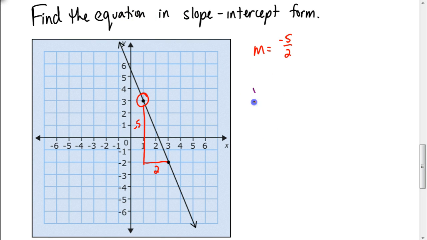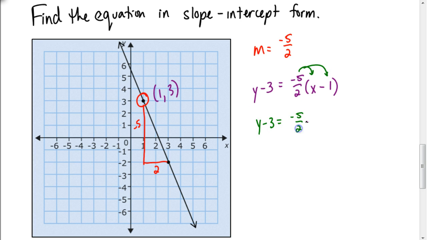So it'll be y minus the y value would be y minus 3 equals my slope of negative 5/2 times x minus the x value, so it'll be x minus 1. Distribute the negative 5/2 through. So we have y minus 3 equals negative 5/2 x plus 5/2.